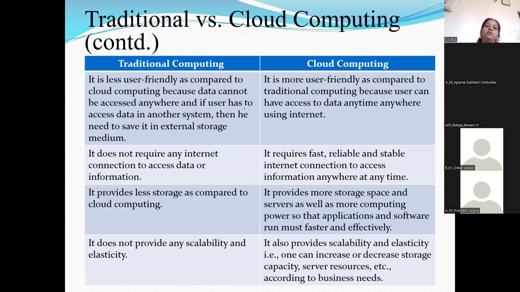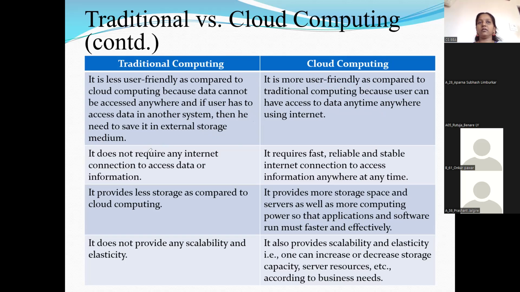So first of all, you have to store the data on the external storage, and then you have to access that particular data. This way, in traditional computing, you have to work. But in the case of cloud, it is more user friendly. Why? Because the user can access the data anytime, anywhere using the internet.